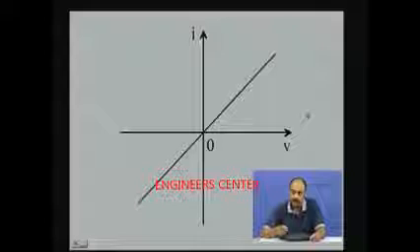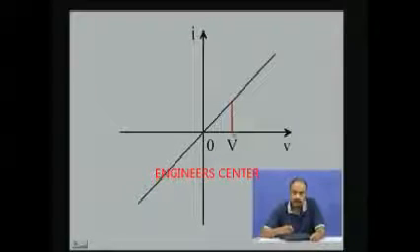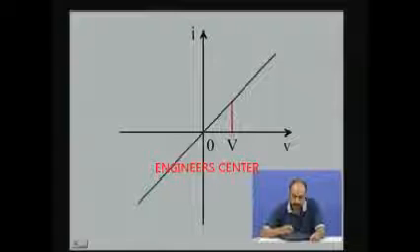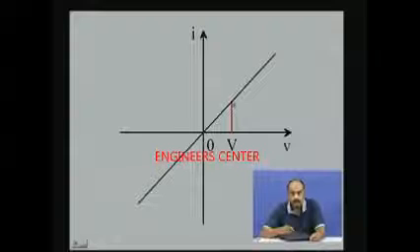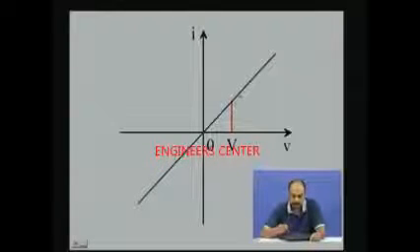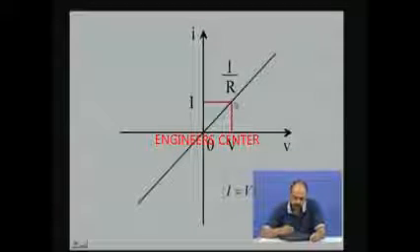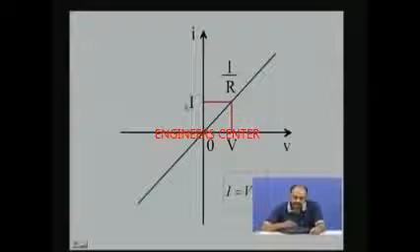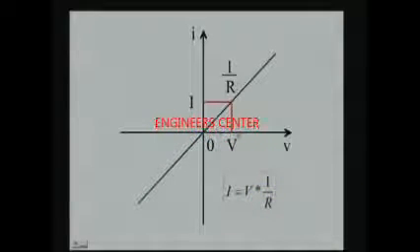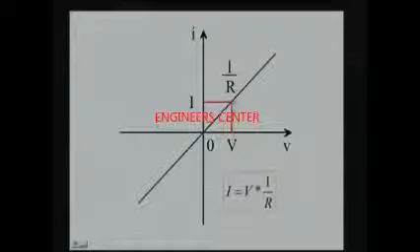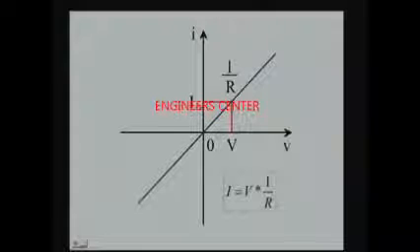Now, coming back to this VI characteristic, let us take a point on the voltage axis and draw a line directly up onto the resistor characteristic line, and from that intersection point we draw another line which intersects the current axis. So, the voltage gets multiplied by the slope 1 by R and results in the current.